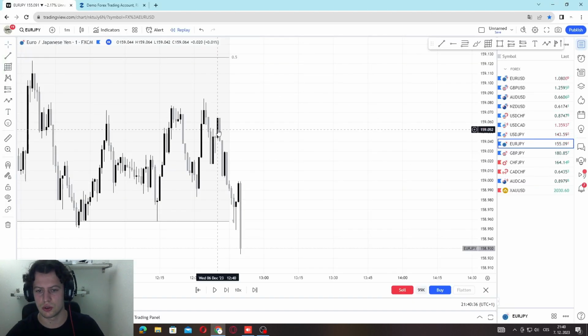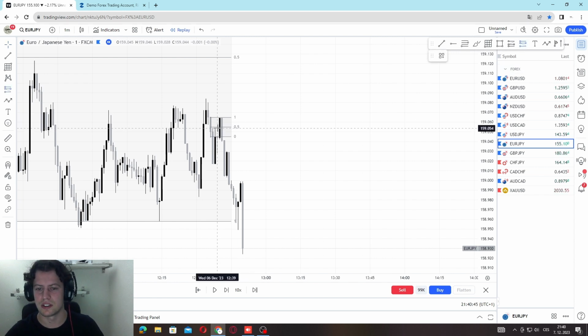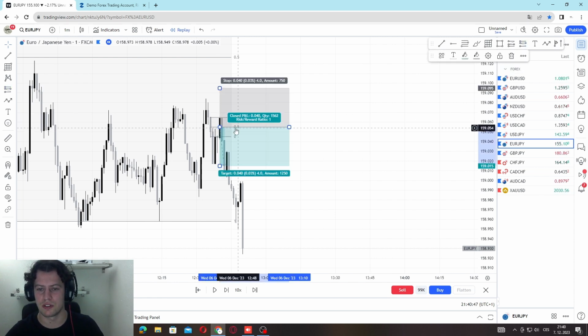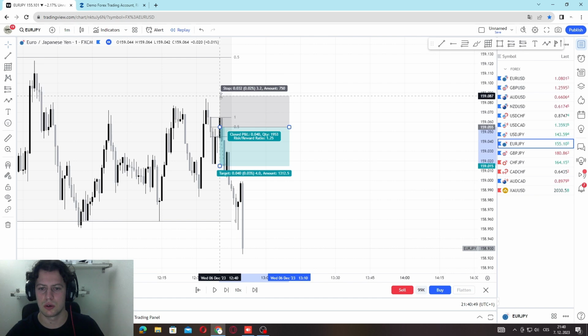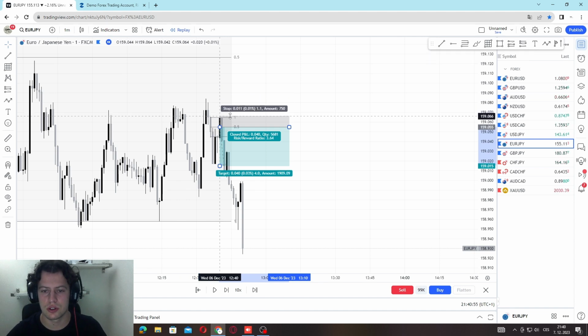I will just show you. It's this candle. We place a sell position from 50%. You can go above here. I would personally go this way. You can also go this way.